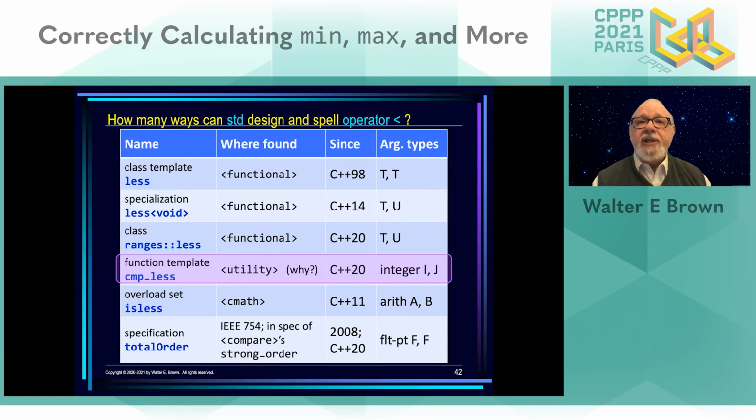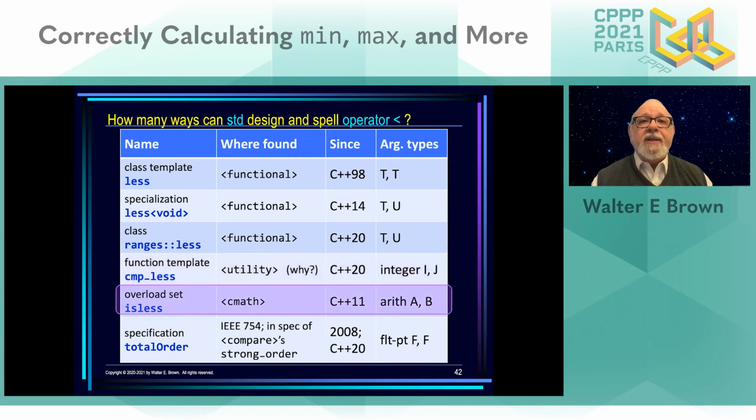So it's a heterogeneous comparison, but it knows, for example, not only how to compare two ints, but how to compare an int with an unsigned int, which is non-trivial. We'll revisit this in a few moments. In C++11, in the cmath header, we've got an overload set named isLess, which is heterogeneous for any two arithmetic types.